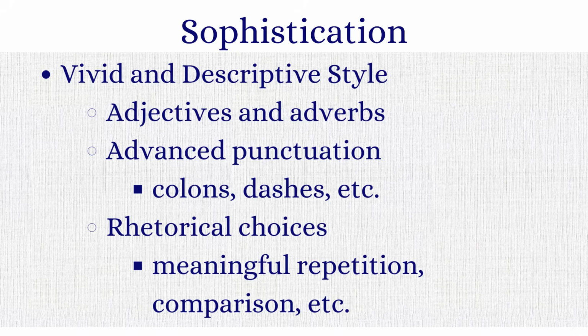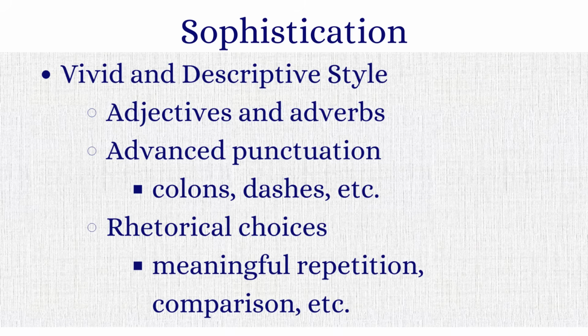He logically asserts, or he boldly asserts, something like that. Now, remember, just adding in one single word is not going to help you earn the sophistication point. It has to be consistent. But if you're looking to be a stronger writer, adding in adjectives and adverbs is a great way to make your writing more precise. Something else you can do to improve your style is to incorporate advanced punctuation.